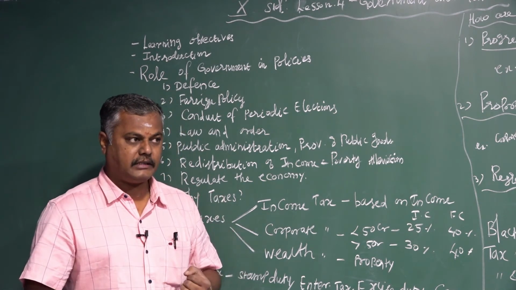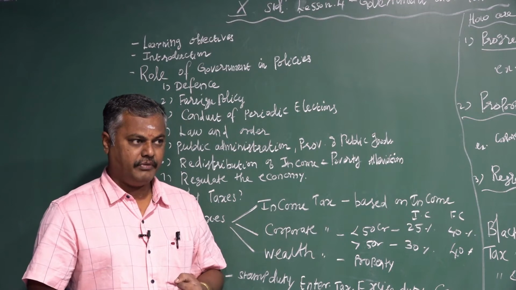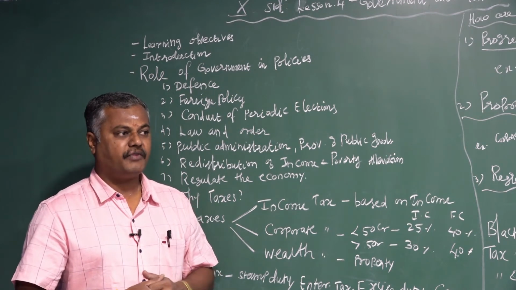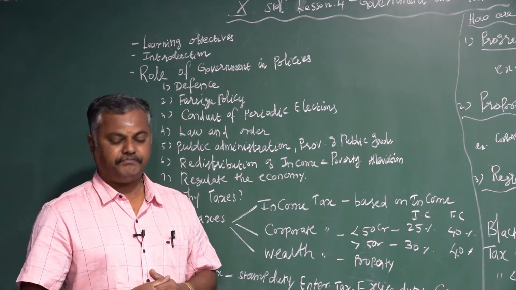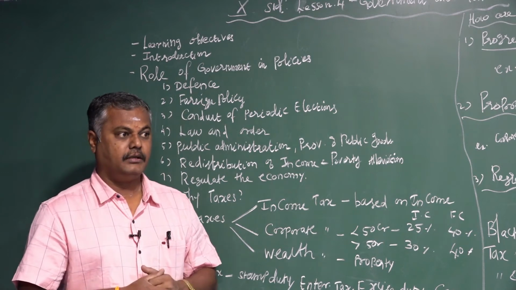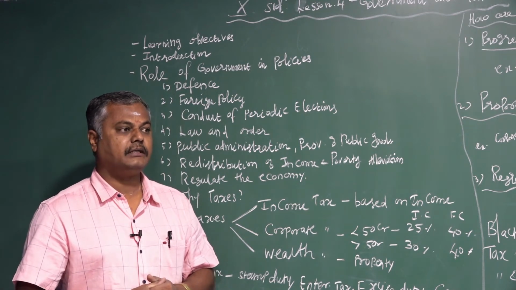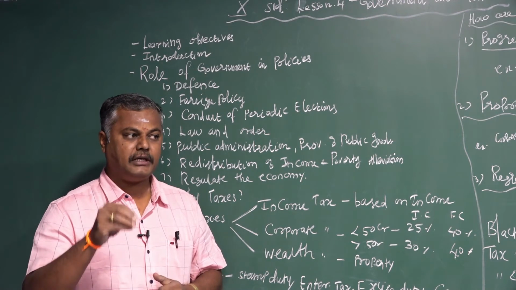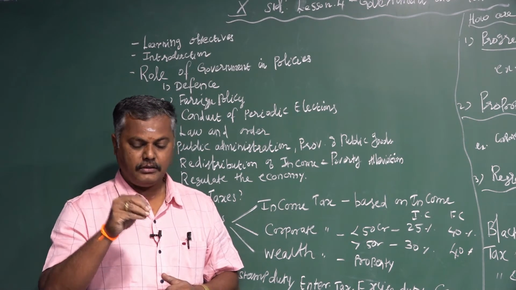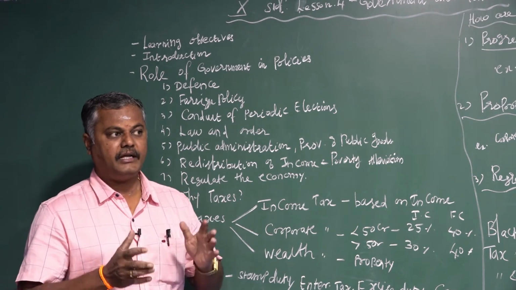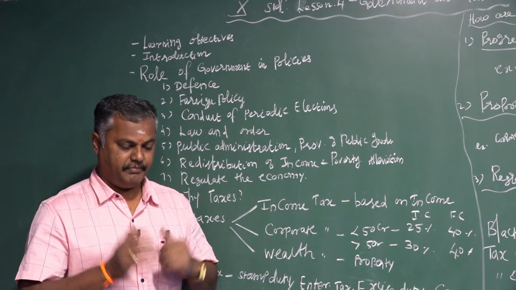To maintain your rights, your economy and our society, definitely we need the central government to have a vibrant, I mean moving, political system. Same thing, the state government also takes the responsibility of administrating the police forces in the respective areas, right? So the maintaining of law and order is very, very essential.